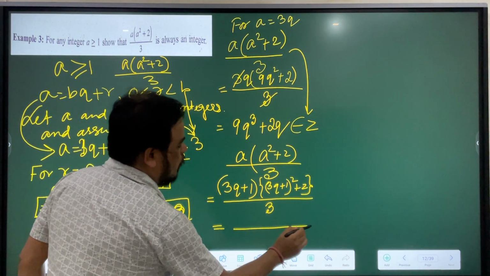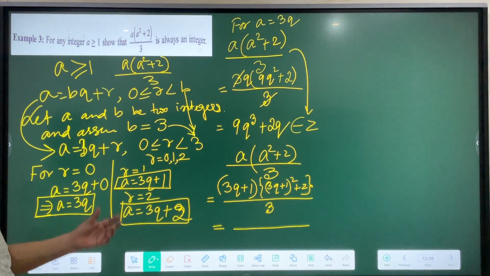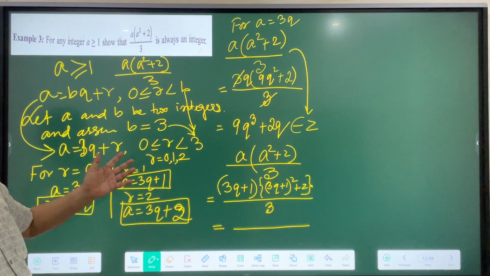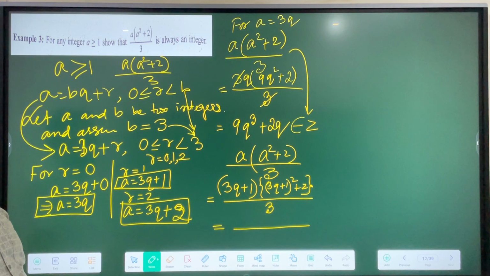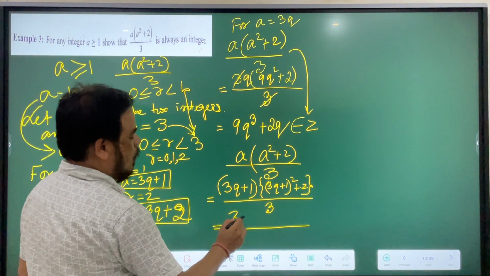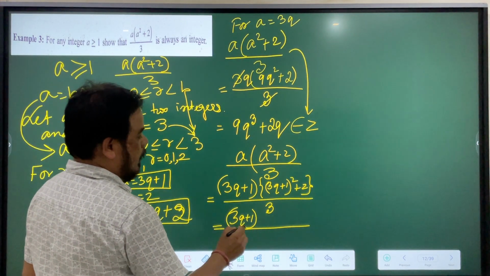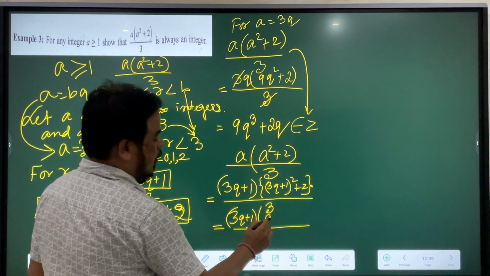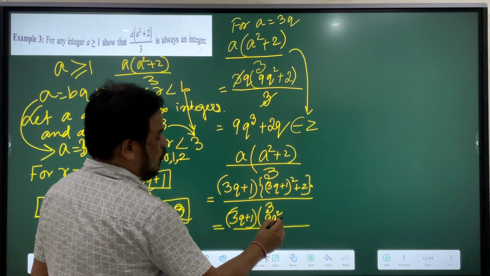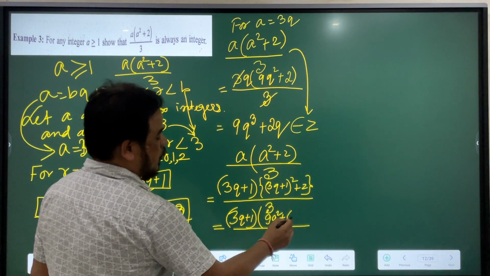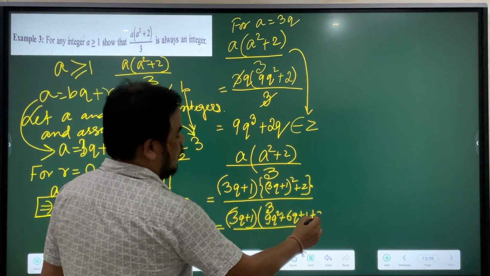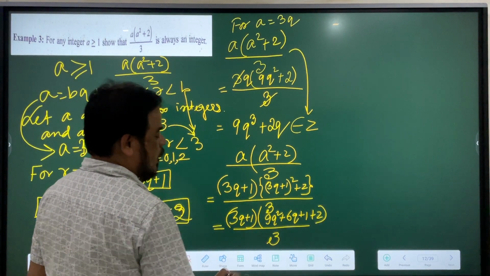Let us do the calculation now. There is nothing to worry about. Whatever is given, we just put the value. You don't have to think much. 3q plus 1, and now directly I am going to do 3q whole square, which is 9q square, plus 2 into 3 is 6q, plus 1, plus 2, divided by 3.